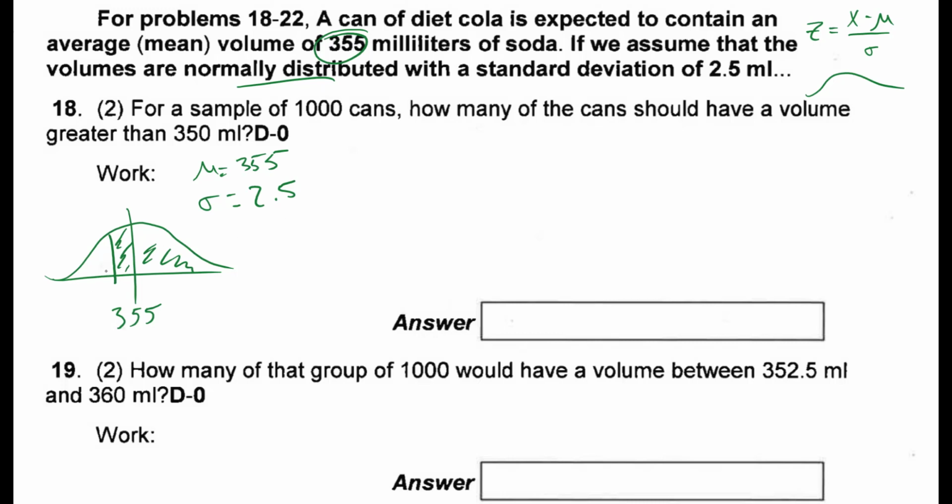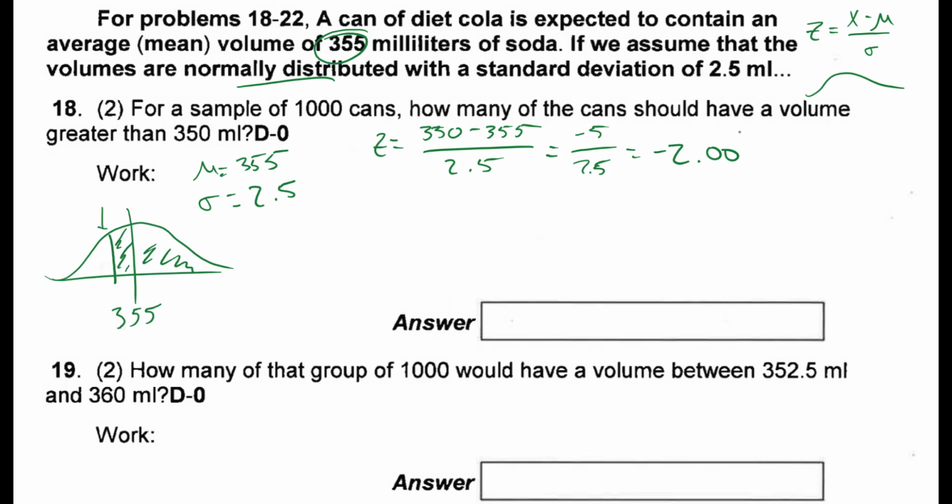So I need to figure out the z-score for this 350. z is going to be equal to 350 minus 355 over 2.5, so 5 over 2.5, which is the same thing as negative 2.0. Okay, so that's a nice z-score.